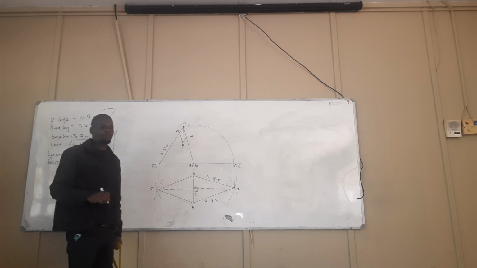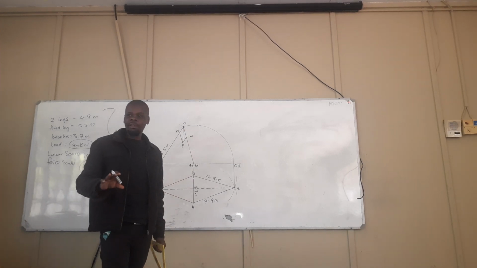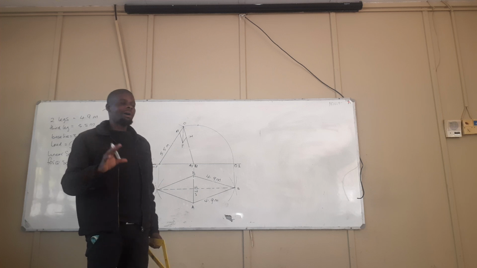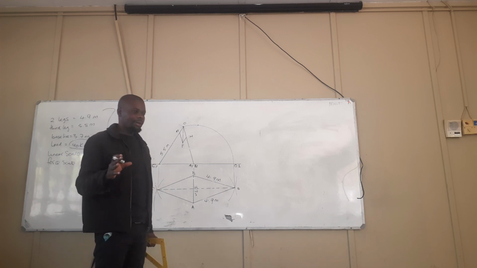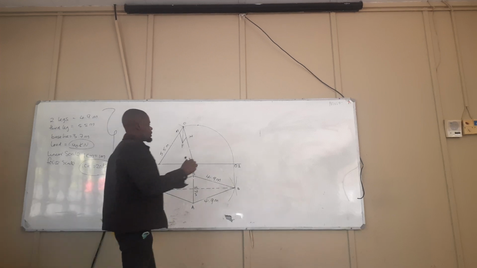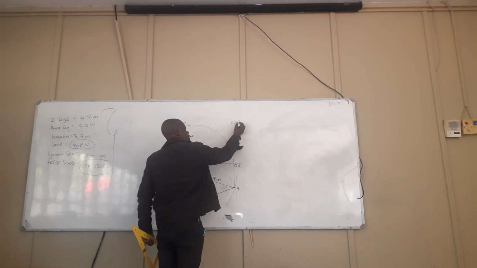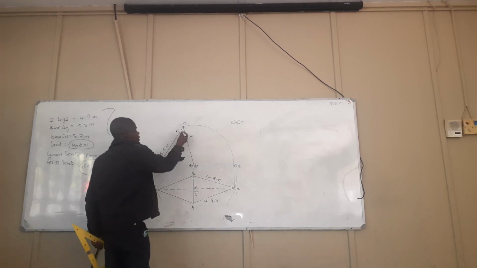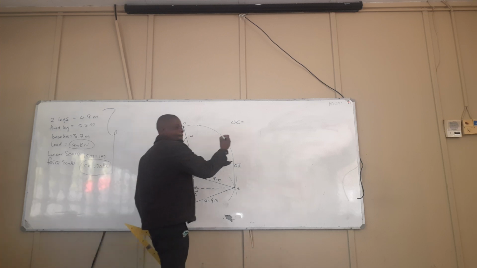Already here we've solved one of the problems. We have the magnitude in the third leg. This is the third leg, which is OC. So the magnitude of OC is equal to OM.